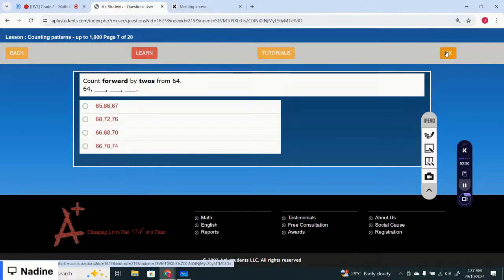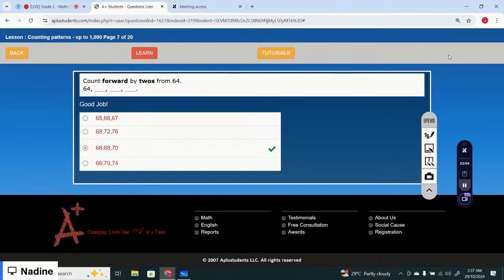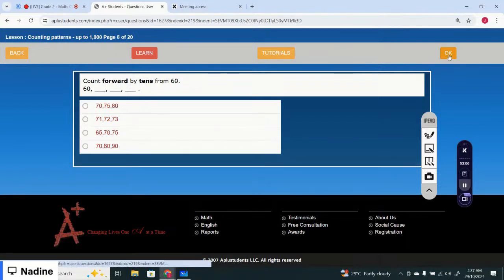When you count forward by twos from 64, they are 66, 68, and 70. Option number 3 is the correct option. Count forward by tens from 60, so which is the correct option?